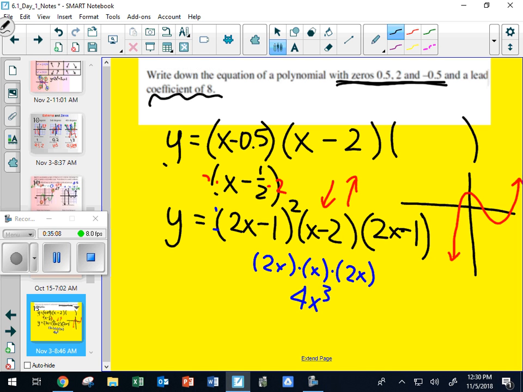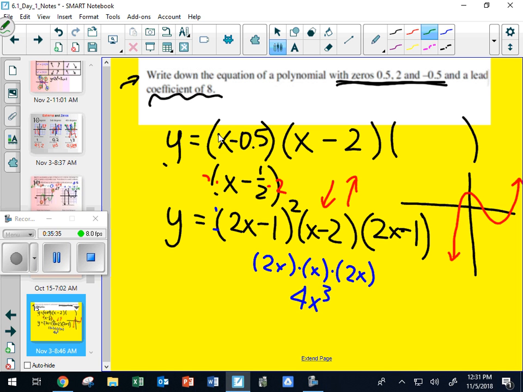while these two are completely different functions, they're completely different polynomials, right? If you look at this, this is x squared, x and x. You have a degree of 4 now, but you still meet all of the requirements that are written up here. So you can have more than one different answer, all right? And so in terms of this one, you would still have 8, so it's still a positive leading coefficient.